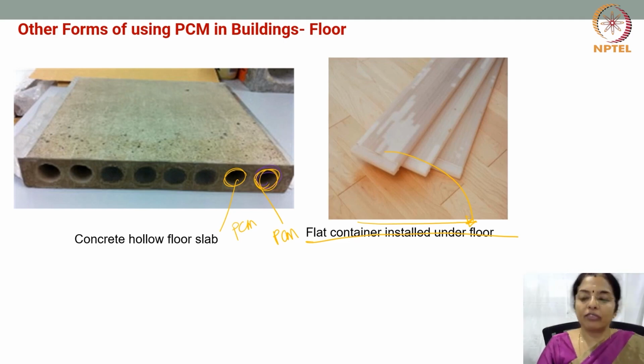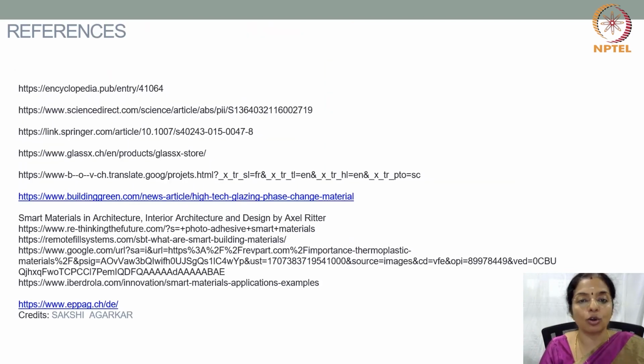We have seen phase change materials incorporated glazing, how it actually works. We have seen the theoretical considerations, how we can have various designs. We have seen its application also, and we also saw various elements of architecture where you can use it.